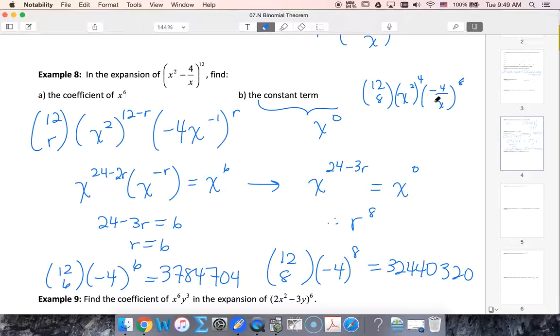So notice, this is going to be x to the 8th over x to the 8th. So my x's are going to cancel. All I'll have left is the constant, which is 12 choose 8 times -4 to the 8th from this bit.